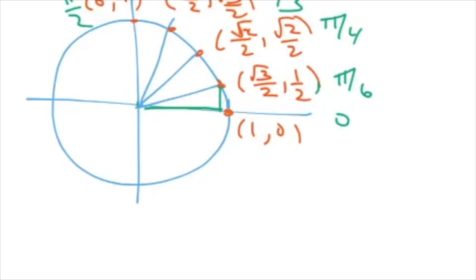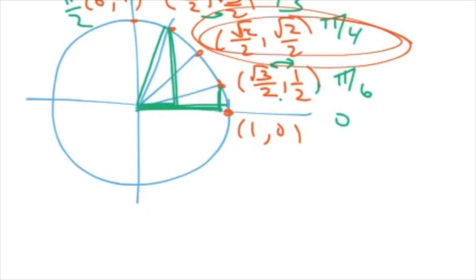But for the 60-degree one, it's long on the y, short on the x. That's why these are flip-flopped. It's a short trip on the x, and it takes forever going up on the y. This other one is a longer trip on the x and a shorter trip on the y. Pi over 4 gets me the radical 2 over 2's. If you don't know that, I'm sad.